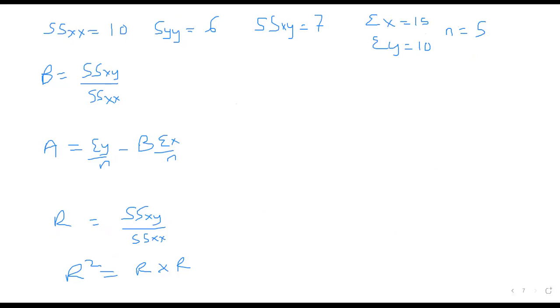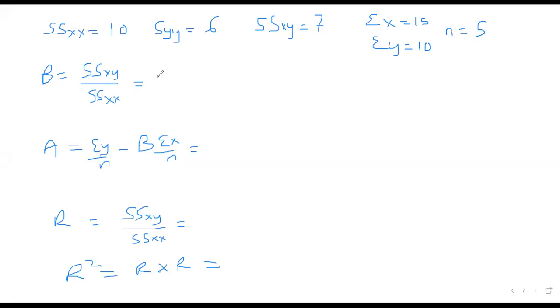So can we go ahead? To start with, what is B called? B is the slope, right, of the gradient. So lead me through. What is XY? XY is 7.